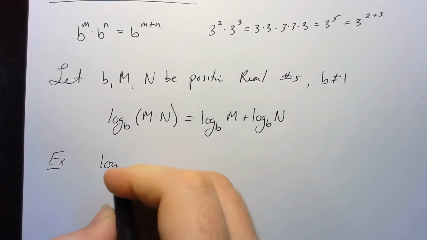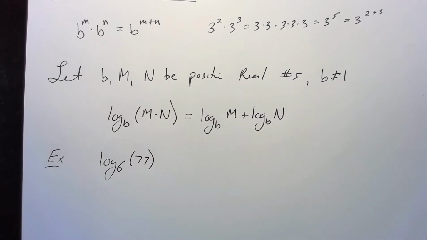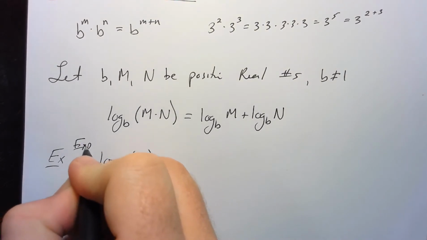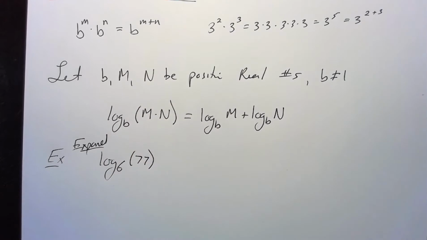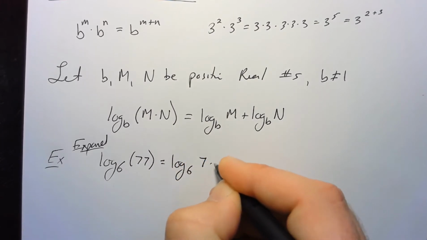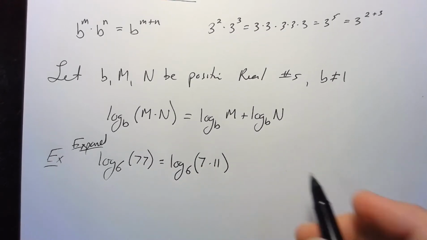So log base, say, 6 of 77. In this case, you don't see any actual multiplications occurring, but what you can argue is that if I'm asked to expand this, even if there's no actual multiplication shown here, we can still go ahead and rewrite this as 7 times 11 inside the log function, because that's what 77 really is.